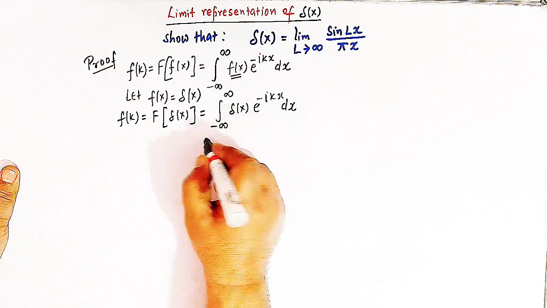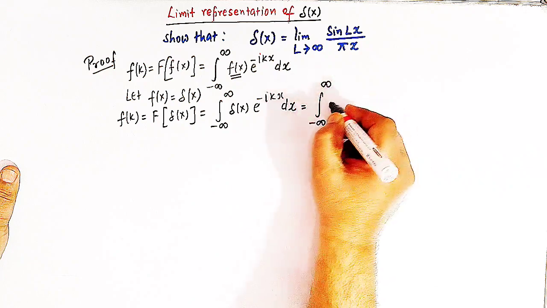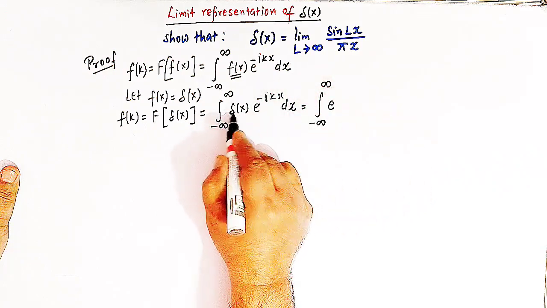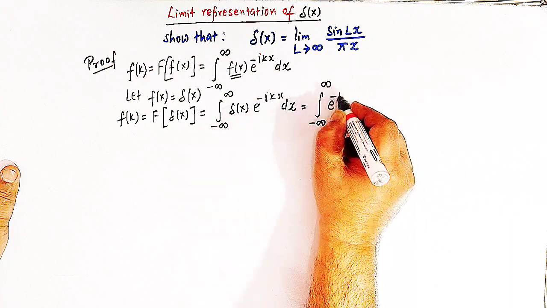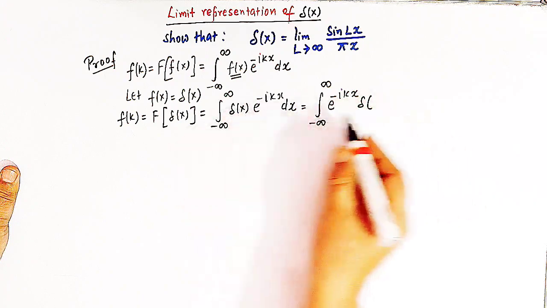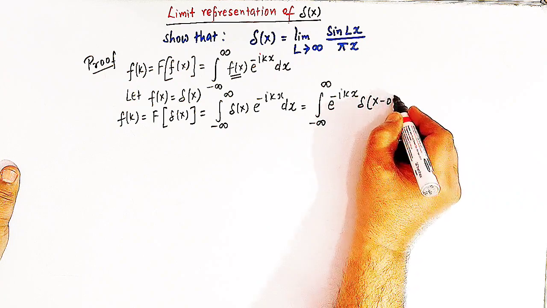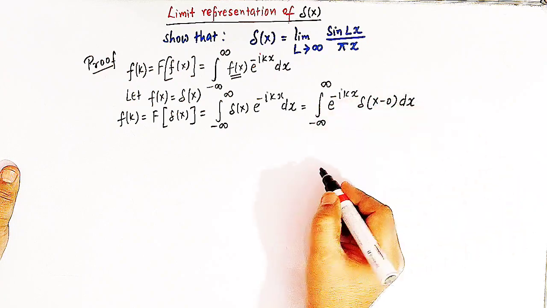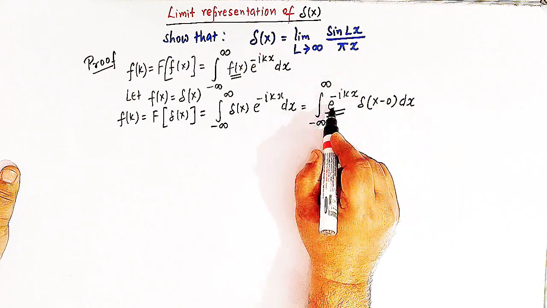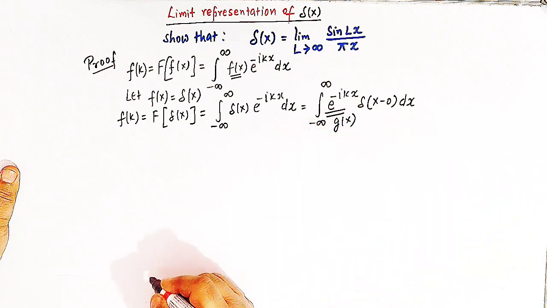So this integral can also be written like this: minus infinity to infinity, we can take this function in front of the delta function, so we have e raised to minus i k x, and then we have delta(x), right? So delta(x) can be written as delta(x minus 0) dx, right?